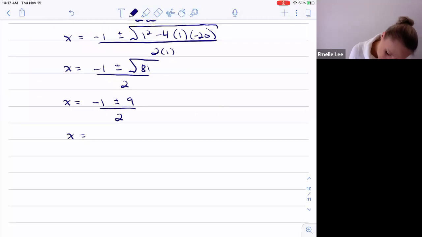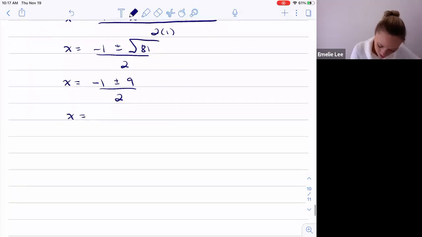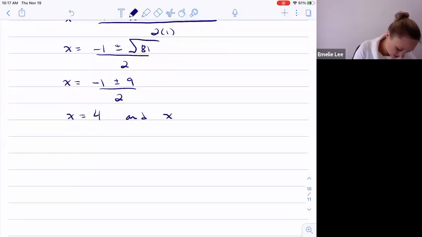So x is going to be negative 1 plus 9, and I will use my calculator because I don't want to screw this up. The square root of 81, just confirming that it's 9, it is. Negative 1 plus 9 divided by 2 is 8 divided by 2, which is 4. And x is negative 1 minus 9, negative 10 divided by 2, negative 5.